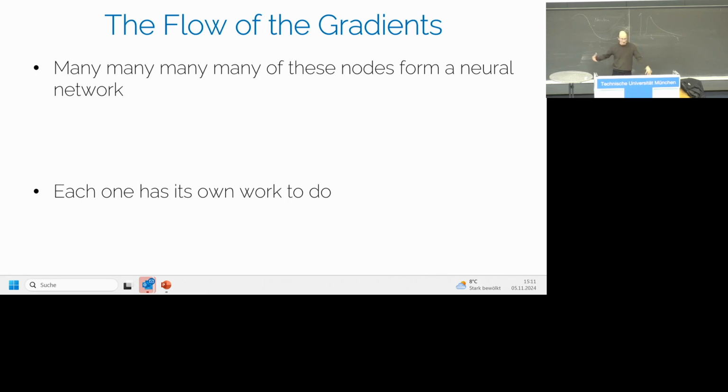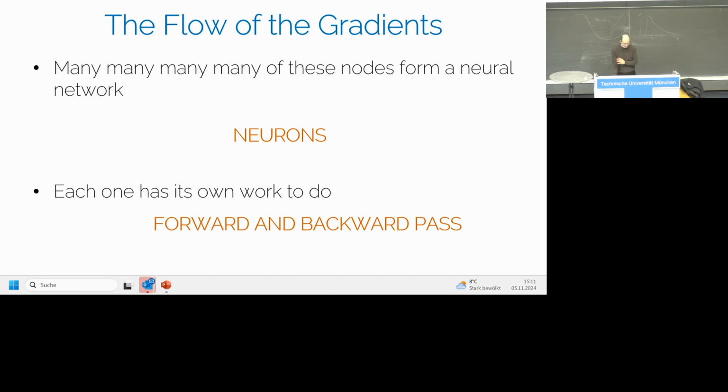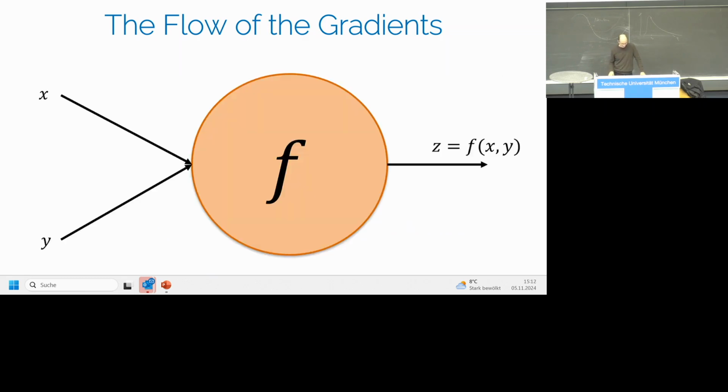And so if you concatenate all of these nodes, you get some big neural network. And the idea is that you have the neurons and that you have these forward and backward passes. And so we can actually look into one single neuron and see how that looks. So we have some input to the neuron, we have some output, and the neuron does some processing.